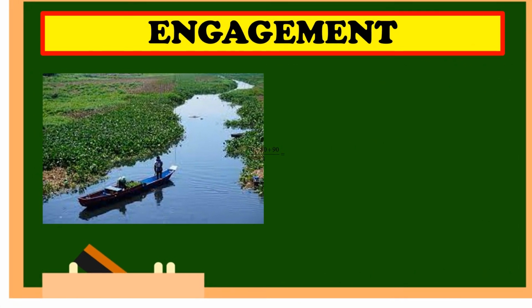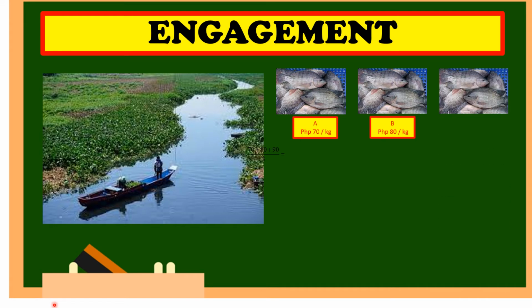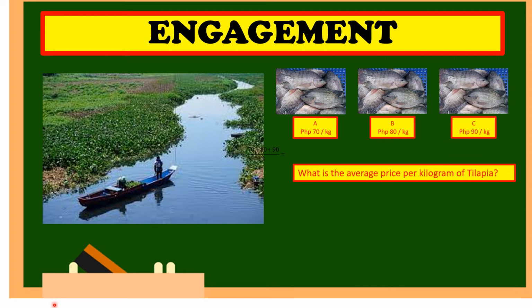We are in Laguna de Bay. Laguna de Bay is famous for tilapia. So we have stall A, which is 70 per kilogram, stall B, which is 80 per kilogram, and stall C, which is 90 per kilogram.